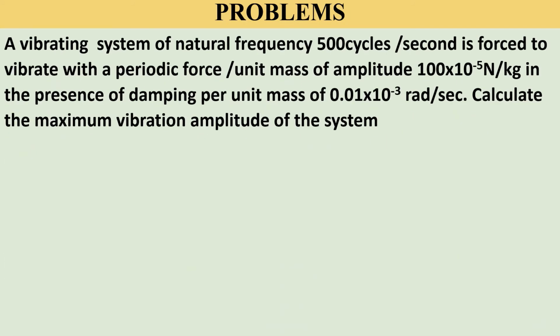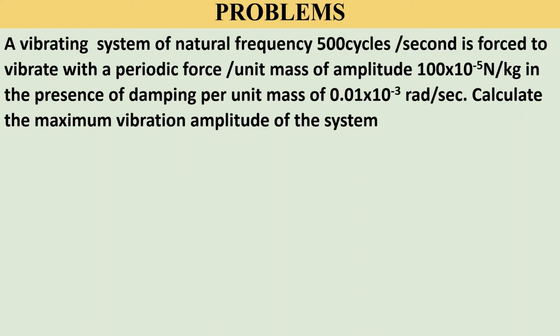Next problem. A vibrating system of natural frequency 500 cycles per second is forced to vibrate with a periodic force per unit mass of amplitude 100 into 10 to the power minus 5 Newton per kg. In the presence of a damping per unit mass of 0.01 into 10 to the power minus 3 radians per second, calculate the maximum vibration amplitude of the system.